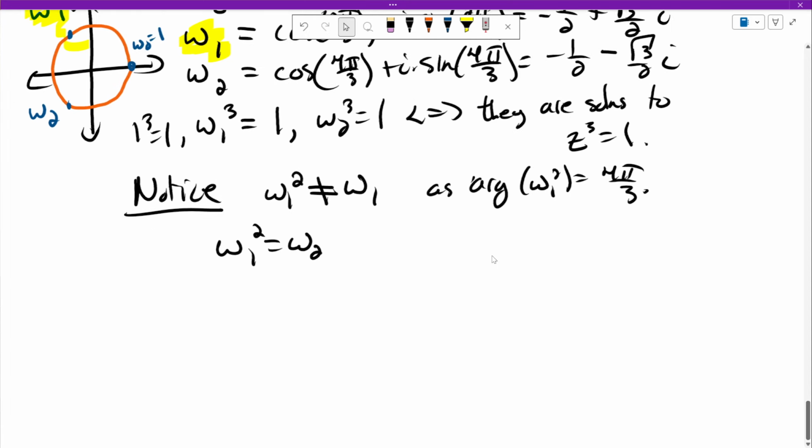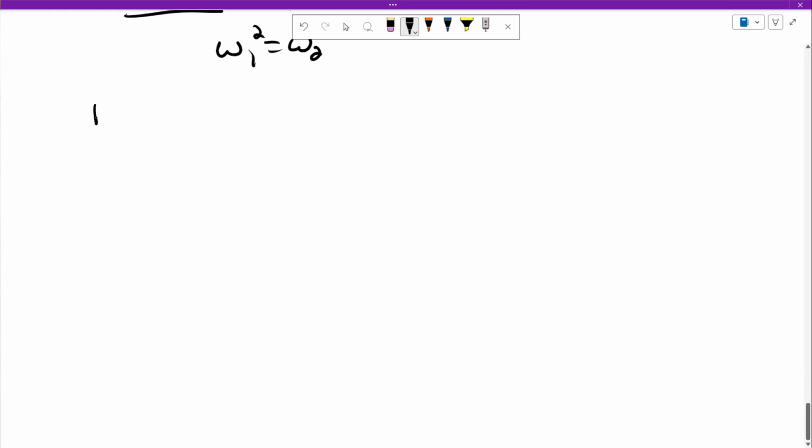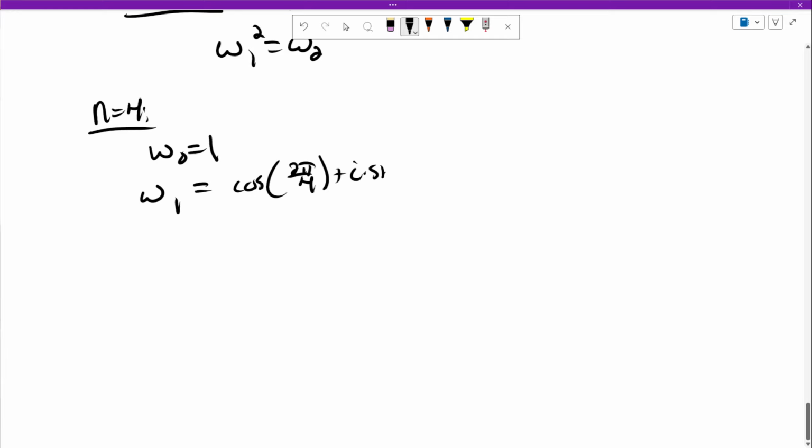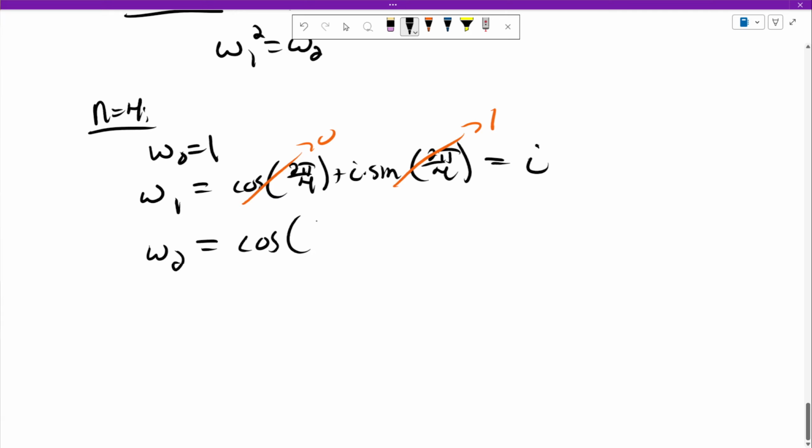All right, let's do n equals 4 now. So our W naught is still going to be 1. Check that. W1 will be cosine 2 pi over 4 plus I sine 2 pi over 4 with our formula from above. And that's I, because that's 0 and that's a 1. W2 is going to be cosine of 2 pi times 2, which is 4 pi over 4, plus I sine 4 pi over 4.